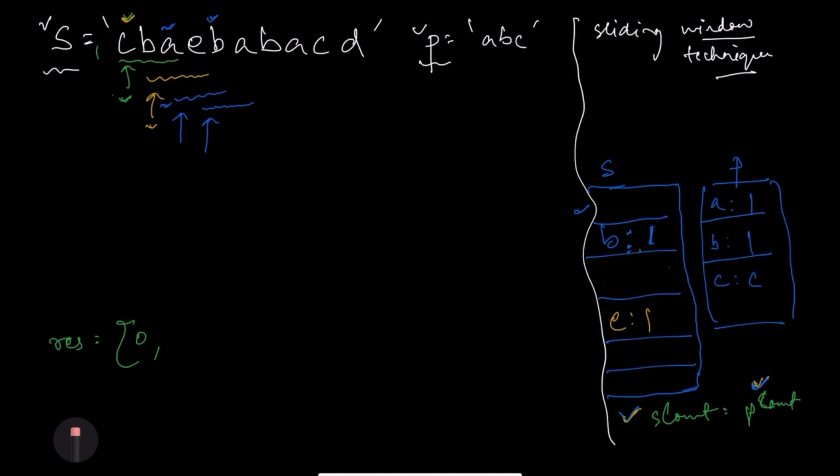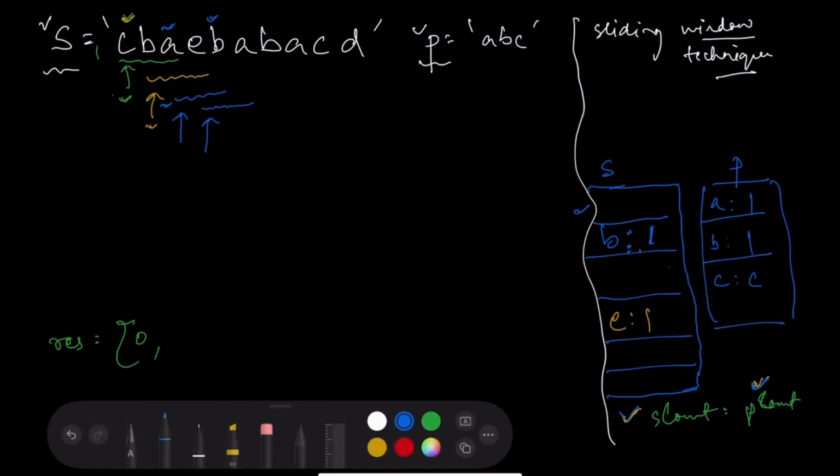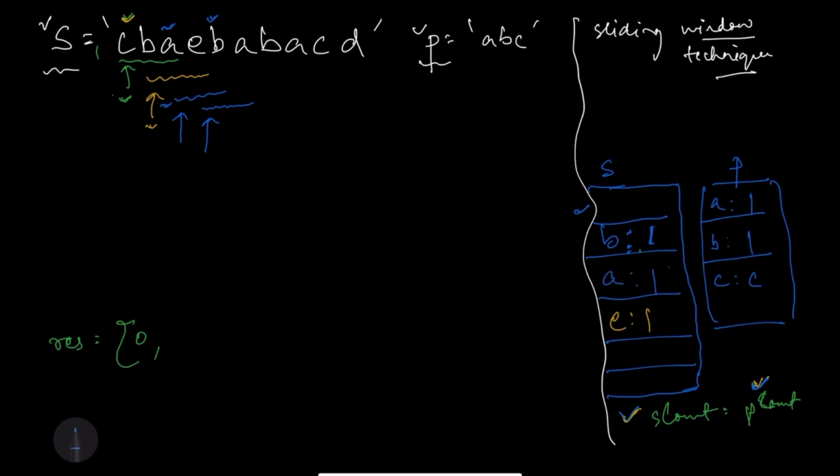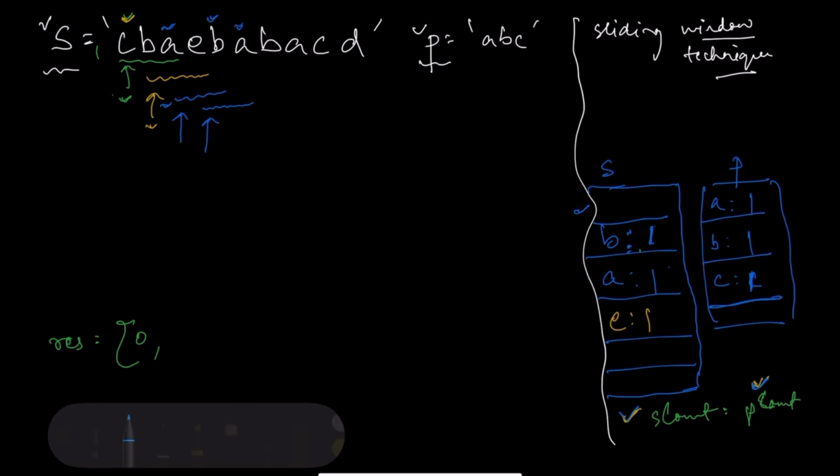But then again I find my A, and its count would be 1 here. So again I found this. So my S and P are not same. I have got ABC's count here, but here I have got BAE. So then I'll slide to another window.